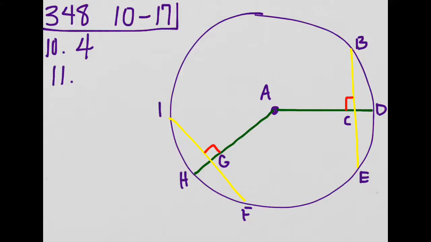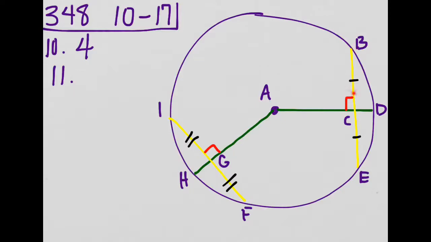Number 11, find BC. Now this is half of a chord, and I'm telling you half because I see the perpendicular symbol, which makes me think automatically, hey, these have got to be bisected. So you could even have the little lines if you want. What we know is that BC is equal to CE.